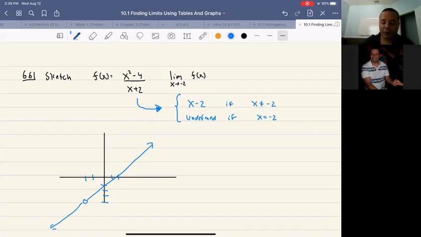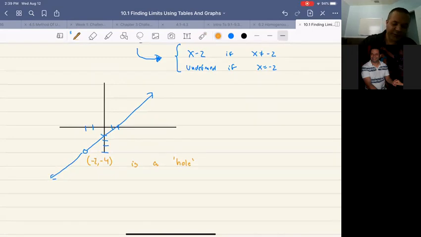So now, what would be the limit as x approaches -2? Well, as x approaches -2, you're going to come in from both sides, and it's just going to be equaling -4. Right? We called that a hole. Okay.